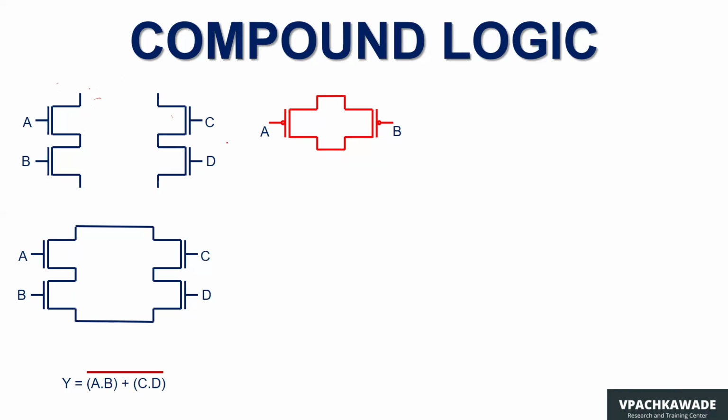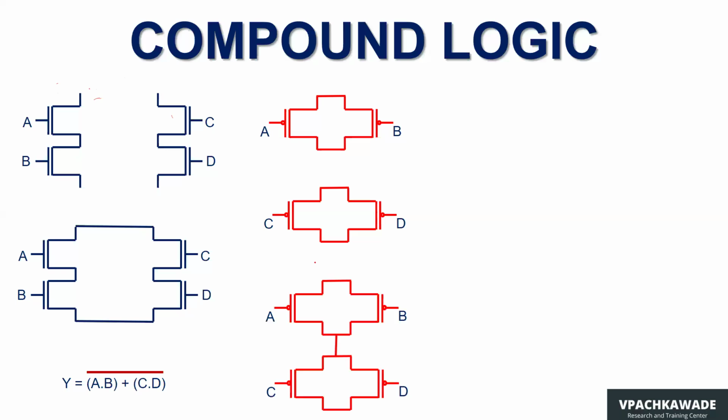Similarly, for C and D, you can see that these transistors are in series. Therefore, C and D here come in parallel. Now, you see these two pairs are in parallel to each other. Therefore, these two pairs will form series to each other, just a complementary of the NMOS. And therefore, you can now see that these two pairs are in series with each other, this one and this one.